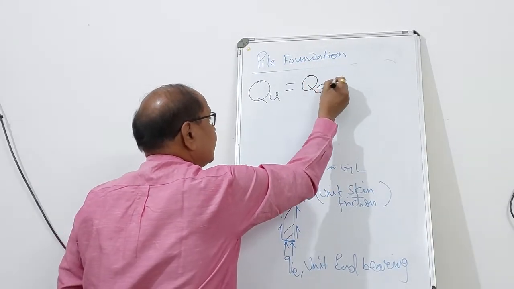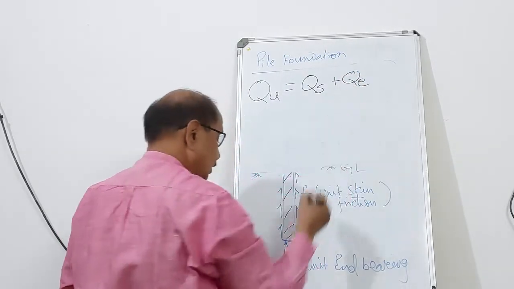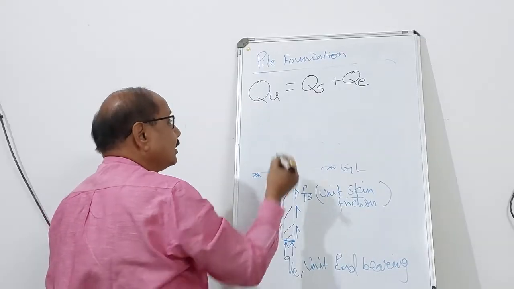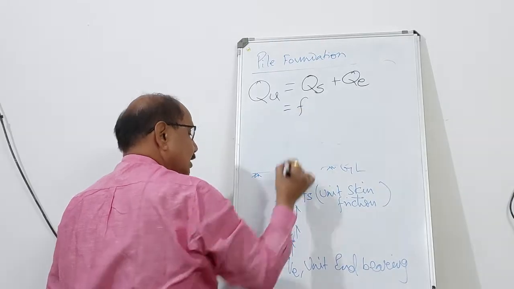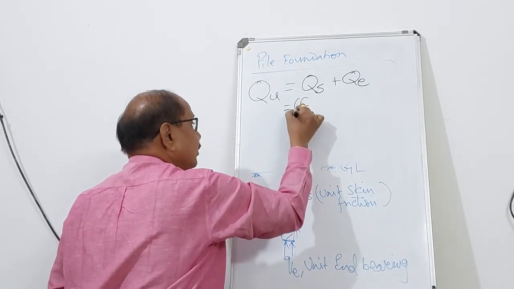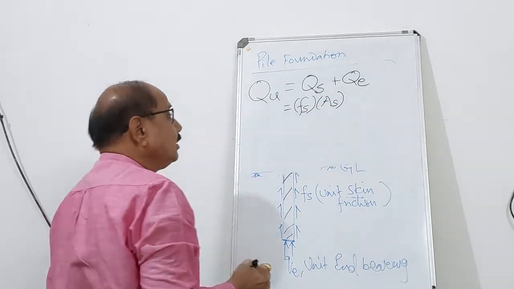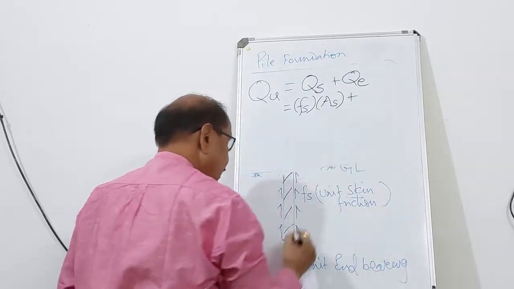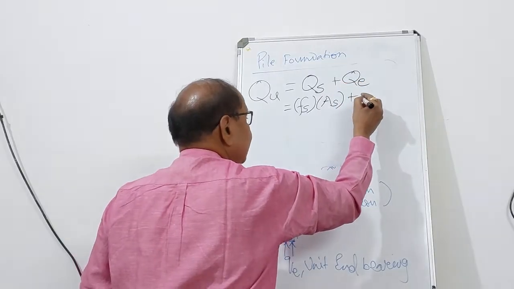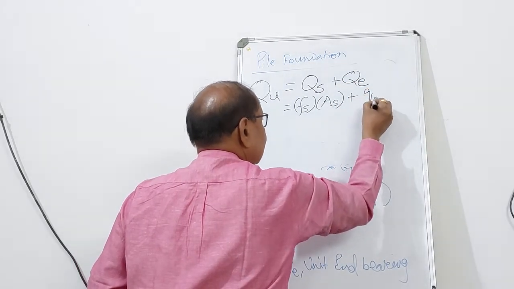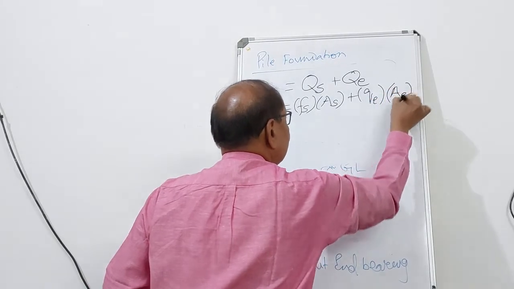So load transfer through the skin friction plus load transfer at the pile's end. So resistance is offered at the end. The skin friction is due to unit skin friction multiplied by the shaft area, plus the total resistance offered by the ground at the end, which will be unit end bearing resistance multiplied by area of the pile at its end.